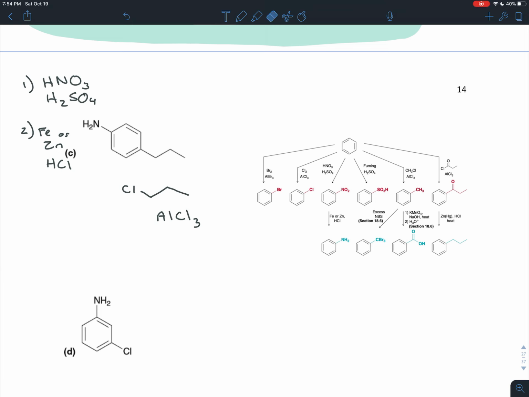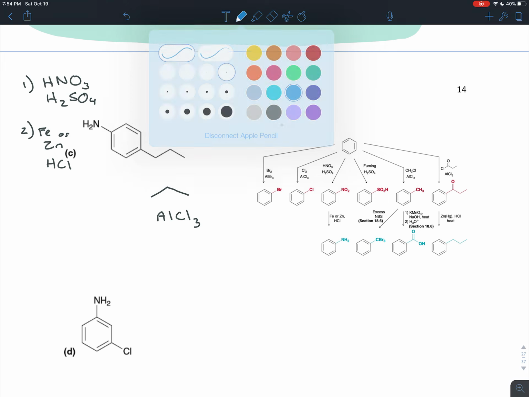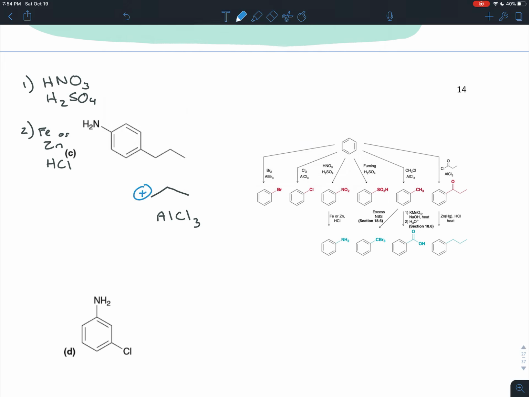But remember the mechanism for this. The chlorine leaves and you form a carbocation. And in the case of Friedel-Crafts alkylation, that carbocation can rearrange. In this case it would move over to the more stable secondary position. And so if you tried to do Friedel-Crafts alkylation, you wouldn't have it attach in this way.